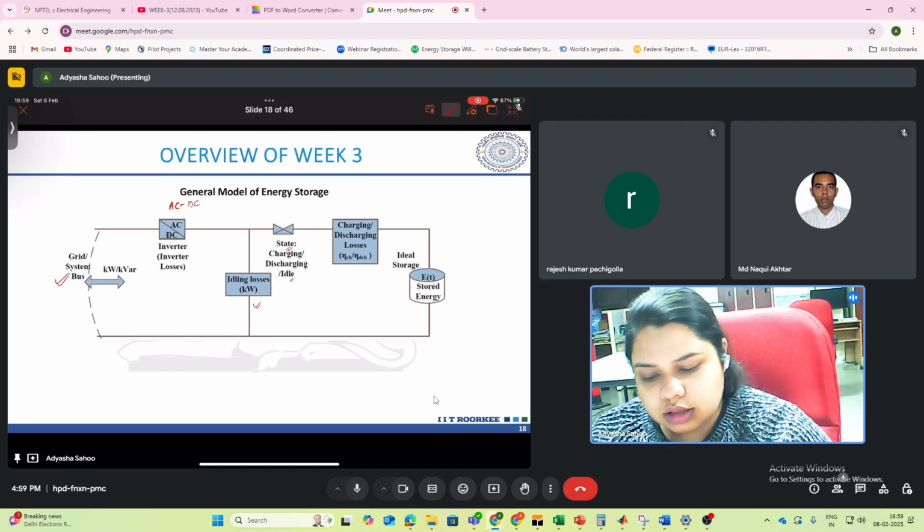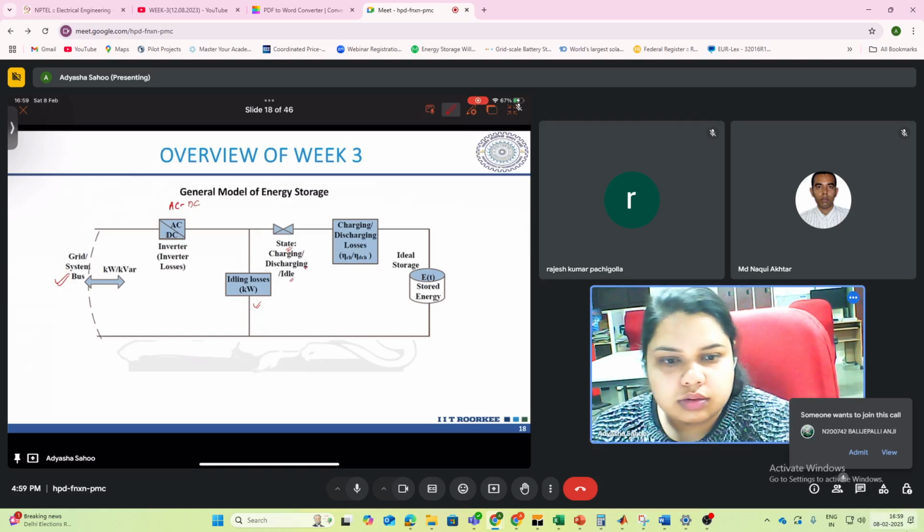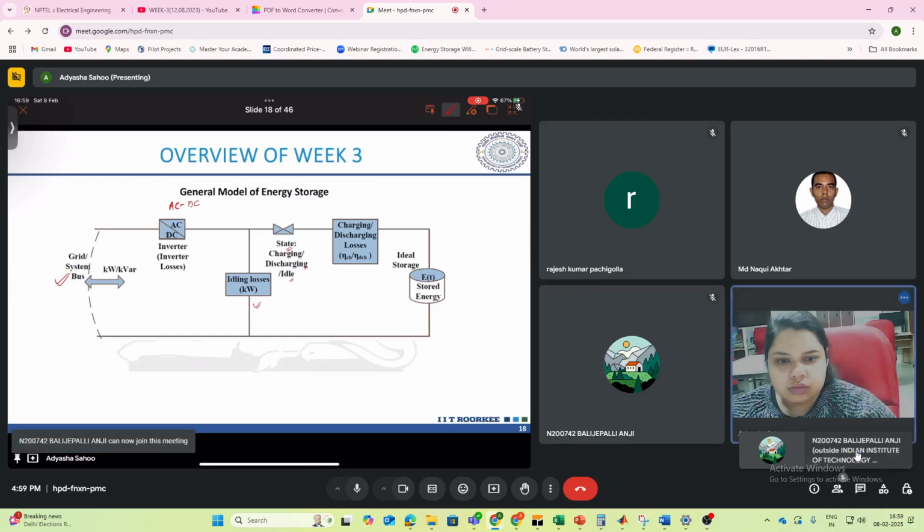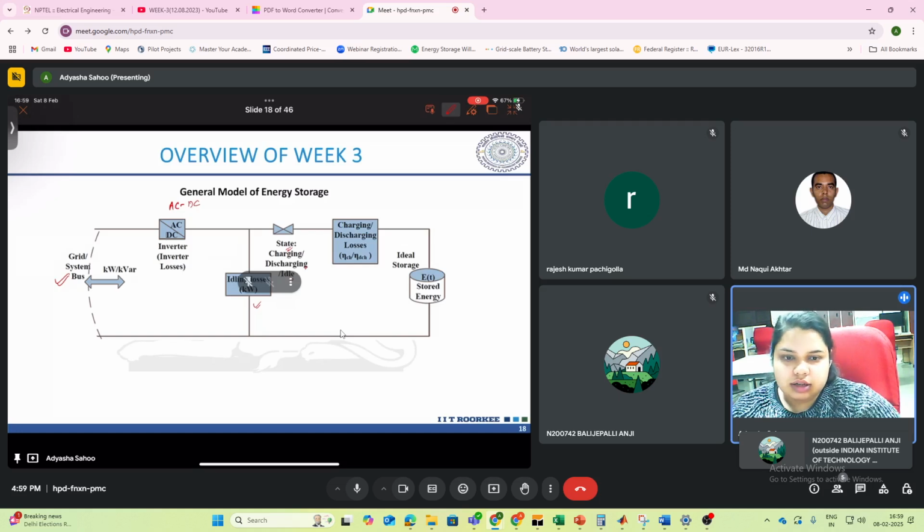Similarly, the next thing that we represent here is the charging and discharging losses. Basically, what it signifies is that if you charged, let's say, the battery with 1 kWh, the amount of energy that you can extract will not be 1 kWh. It will depend upon the efficiency of the battery.